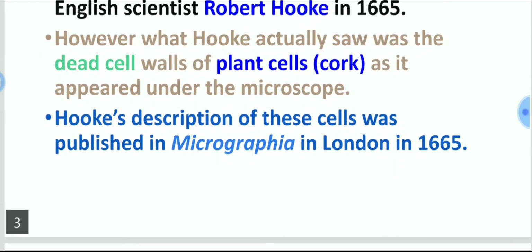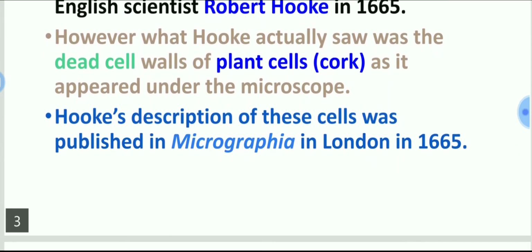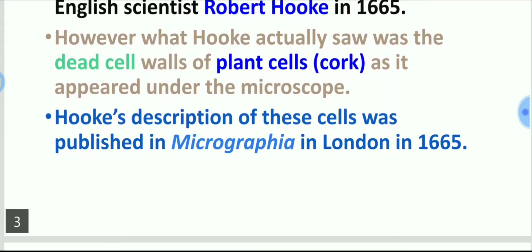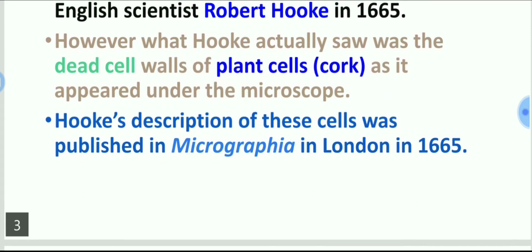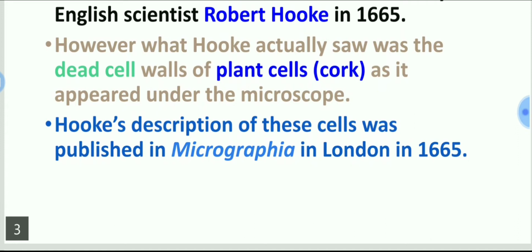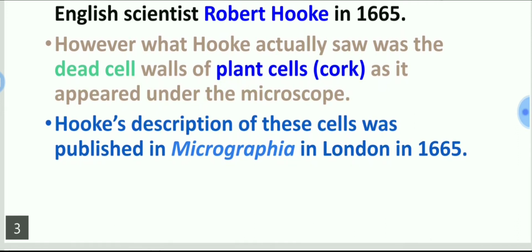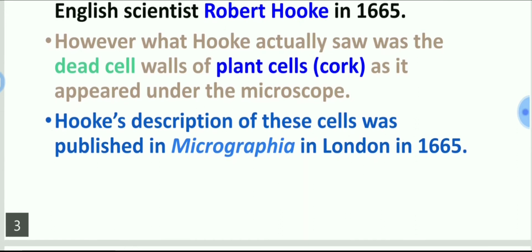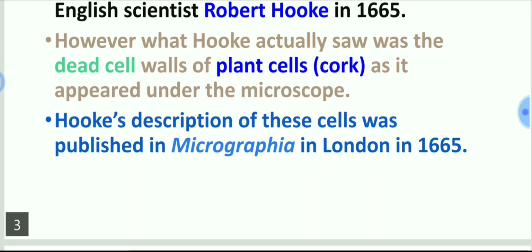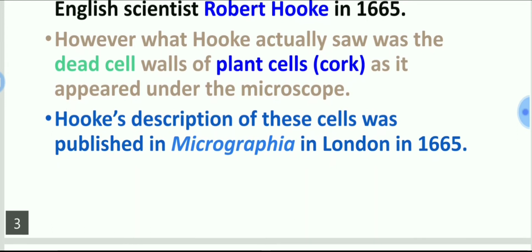Hooke's description of these cells was published in Micrographia in London in 1665. This is very important. The plant cell first discovered is cork. The discoverer is the English scientist Robert Hooke in 1665, and the book of Hooke is Micrographia.